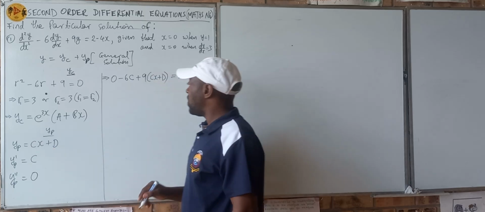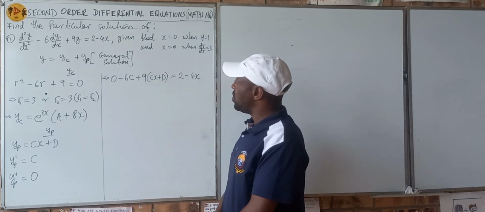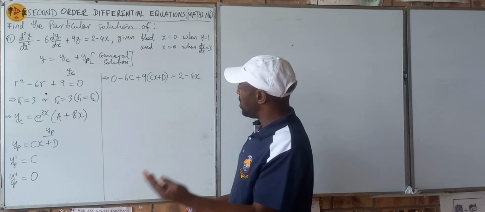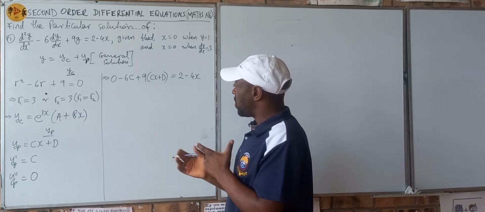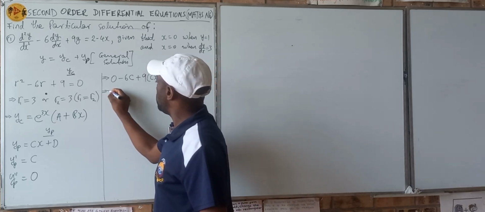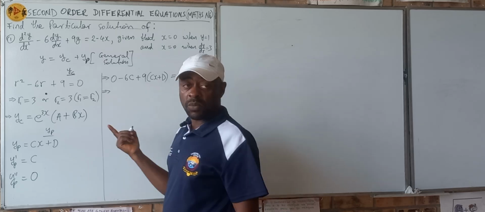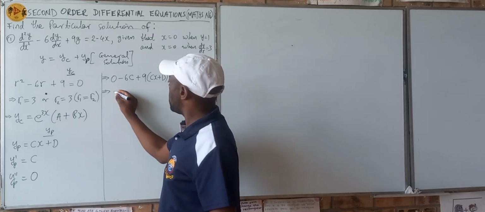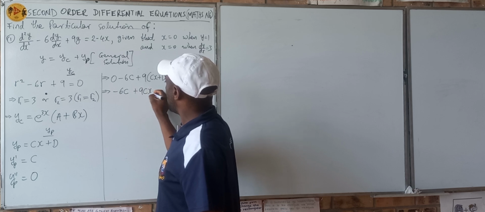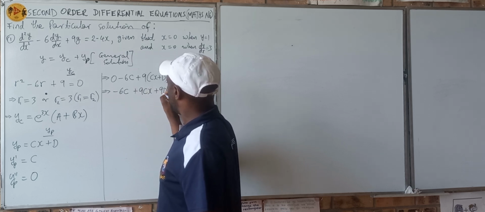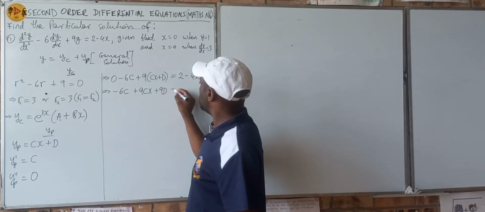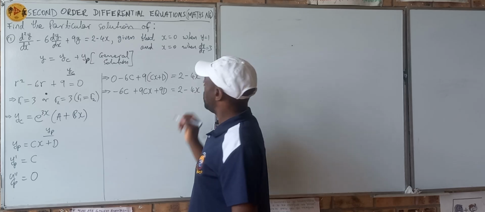To calculate the values of c and d, all I need to do is compare coefficients. On the left side, coefficients means the numbers in front of x and so on. But before doing that, maybe I can open the bracket to make life a bit easier. There is 0 there, so I'm left with negative 6c plus 9cx plus 9d, which is equal to 2 minus 4x.